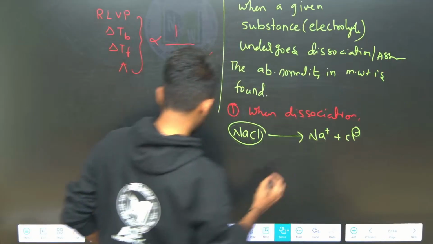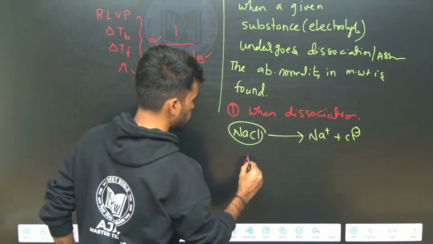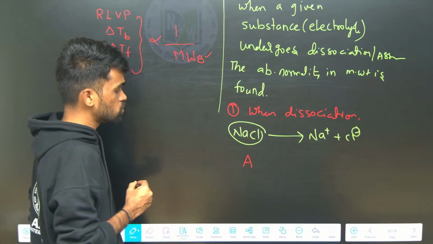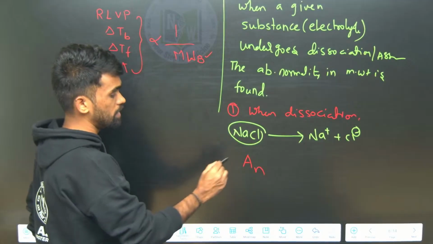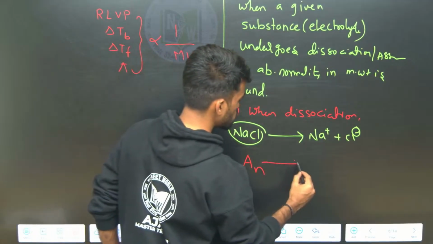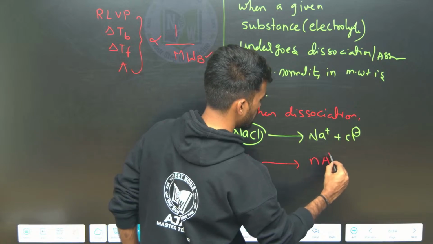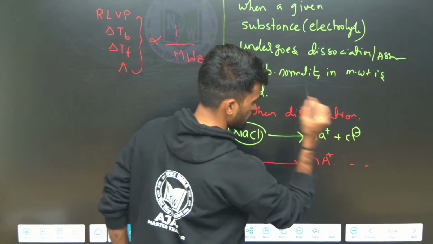So I am generalizing this. I have a particular component A, and when it undergoes dissociation, I have n particles, each with some charge.